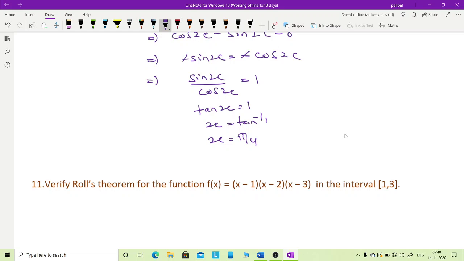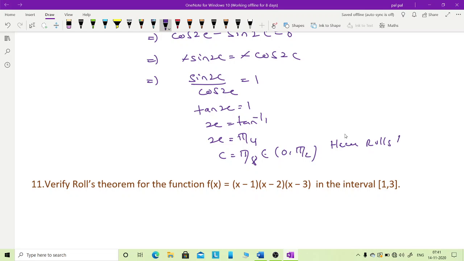So c is equal to, dividing by 2, pi by 8. So what is the value of pi by 8? It is half of pi by 4, half of 45, so 22 and a half degrees. Pi by 8 is a value that belongs to the interval 0 to pi by 2. Hence Rolle's theorem is verified.